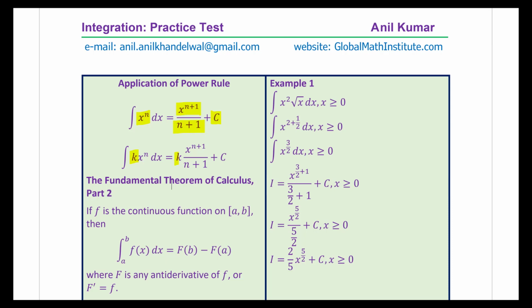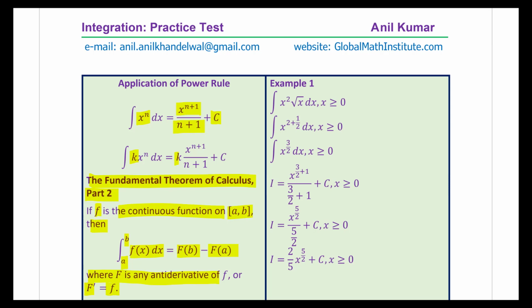The fundamental theorem of calculus part 2: if f is a continuous function on the closed interval a to b, then the integral from a to b of f of x dx can be found by F of b minus F of a, where F is any antiderivative of f, or F prime equals f. So these are the concepts which will be utilized to answer the questions.